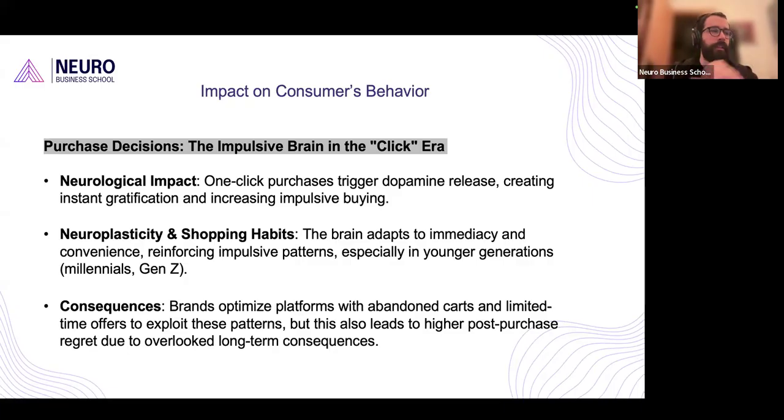Just as you enter, the first thing they say is put an email to get a discount. This is not for delivering a discount, it's for having your data, and in case you are not buying anything, the next day you will receive a notification saying, hey, remember that we exist.